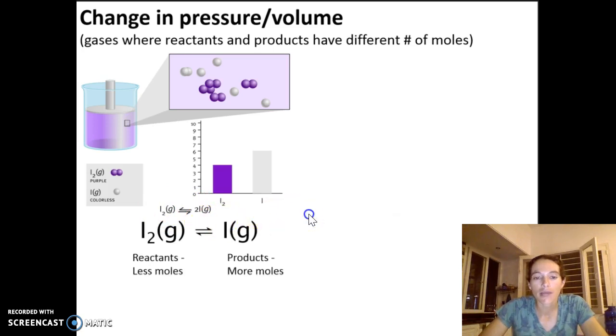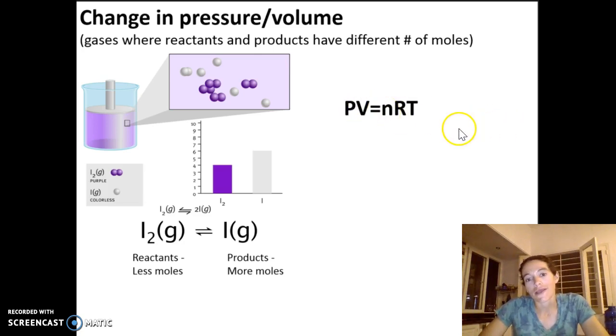And if we look at the equation PV equals nRT, we can see that if we change pressure or volume over here, we're going to change n over here. We have to in order to keep this balanced.